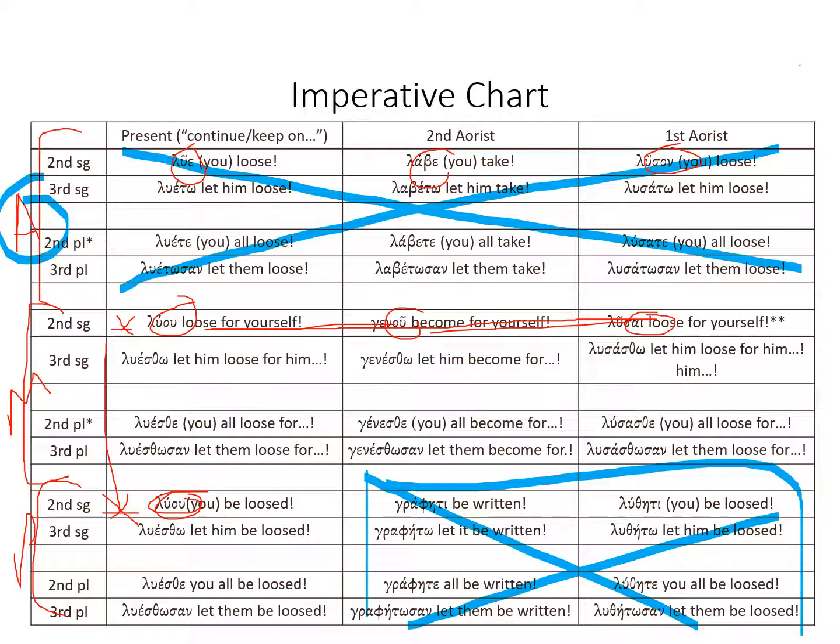And now notice how consistent we have it. Stow, stow, stow. Ste, ste, ste. And here in the third singular.